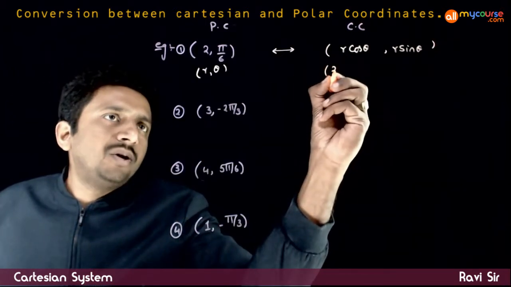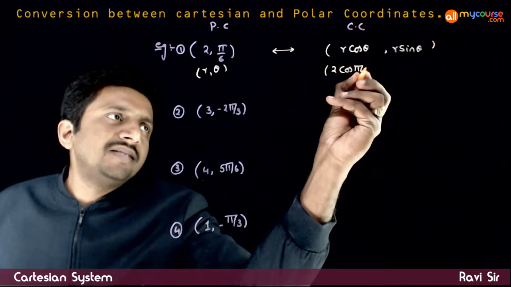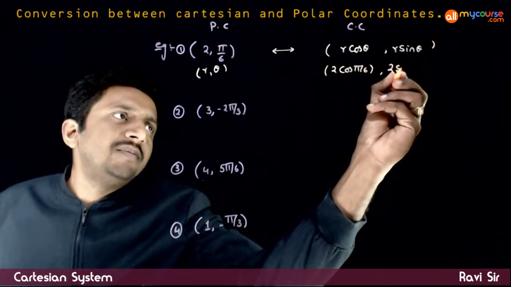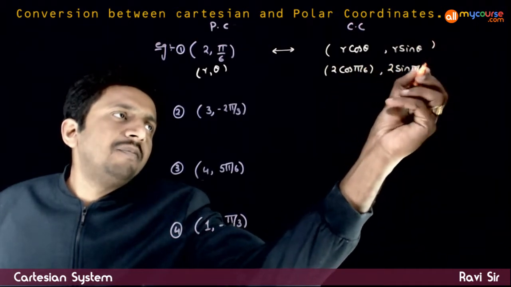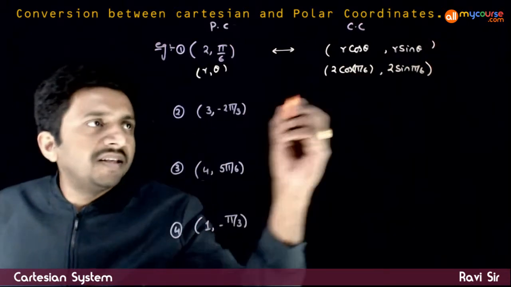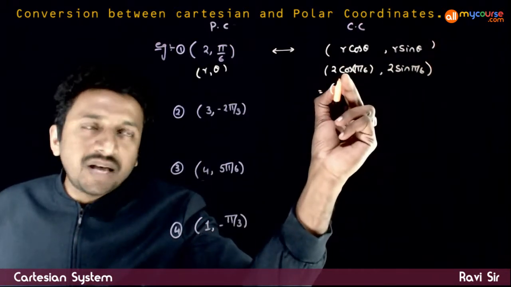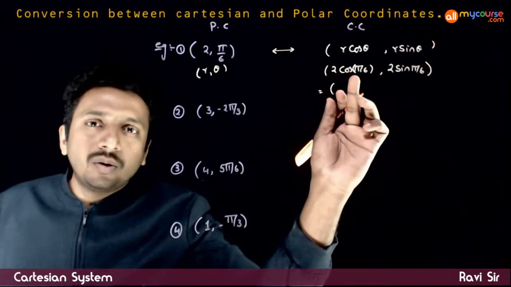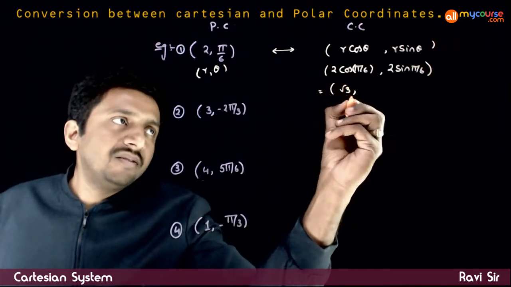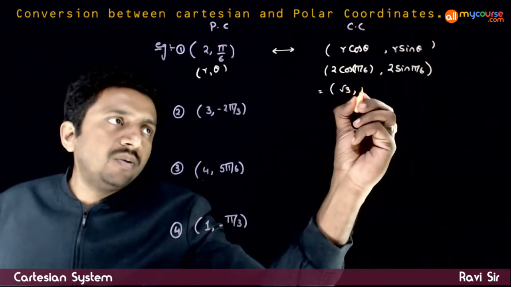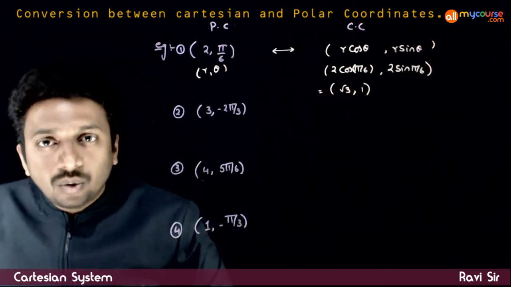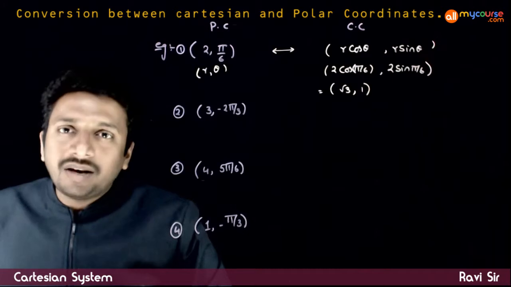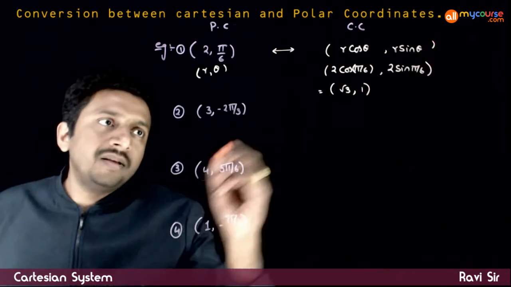So you have 2 times cos pi by 6 and 2 times sin pi by 6. Cos pi by 6 is cos 30 degrees, which is root 3 by 2. 2 times root 3 by 2 is root 3, and 2 times 1 by 2 is 1. So root 3 comma 1 are the Cartesian coordinates.